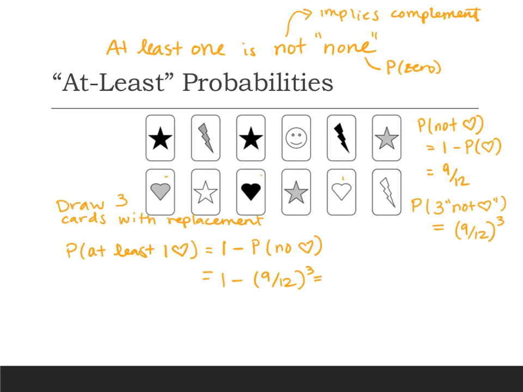I was doing 1 minus 1/4 to the 3rd power. That's not correct. So I don't know what this would be as a fraction. 0.578125.